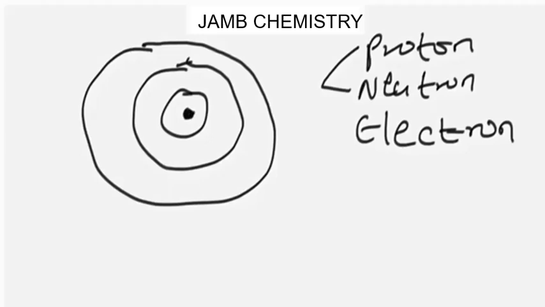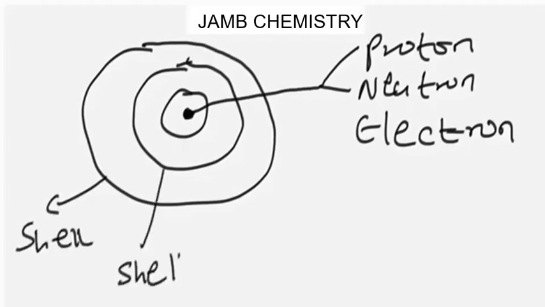So this is where you find the proton and the neutron, whereas the electrons revolve around the shell of an atom. So we call this the shell of an atom. So the electrons revolve around the shell of an atom.